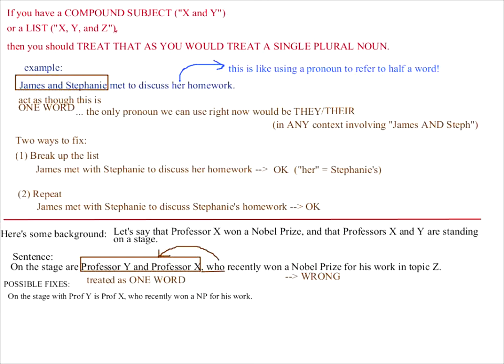Maybe you know which problem this is modeled after, because that's exactly the way they do it in that problem. On the stage are Professor X, who recently won a Nobel Prize for his work, comma, and Professor Y.